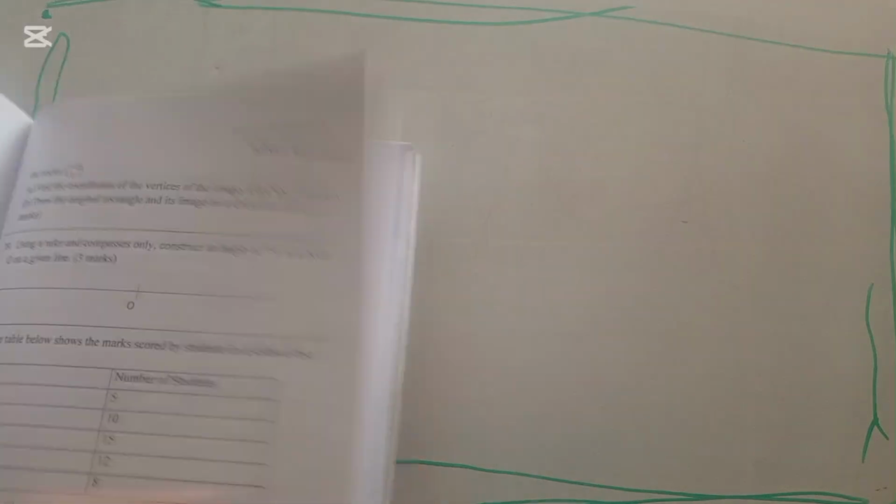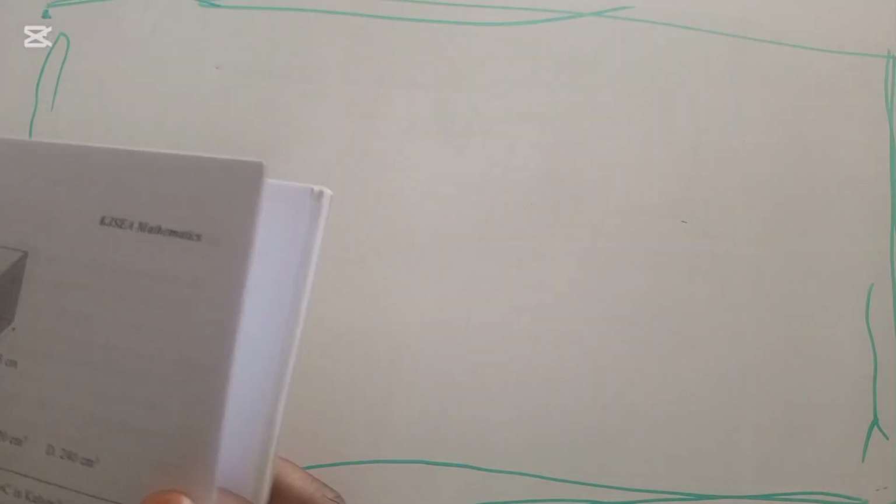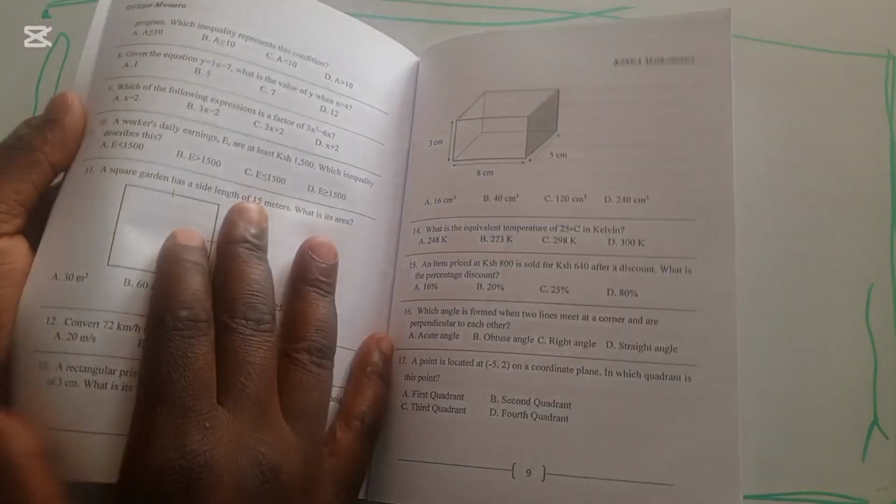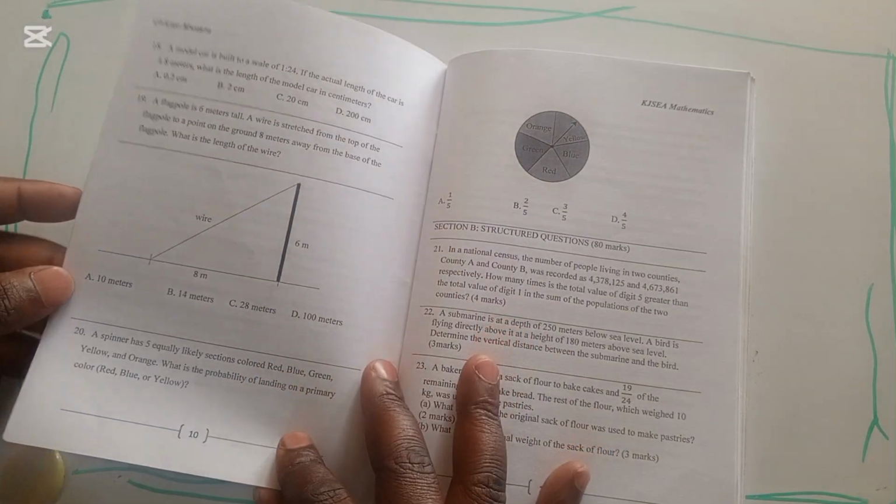Now, let us go first to paper 1, sample paper 1, and look for the question. So sample paper 1, page 7. Yes, so the first question, question 20, is on probability.